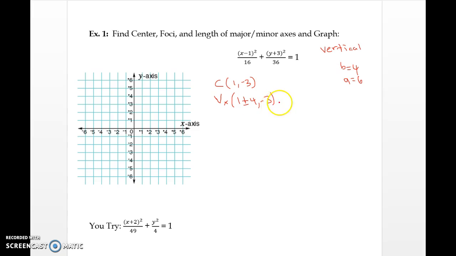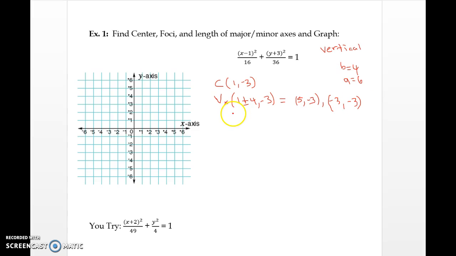We get 1 plus 4 is 5, -3. And I'm going to fix that. And 1 minus 4 is -3, -3.